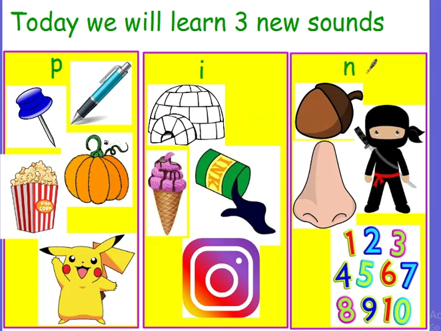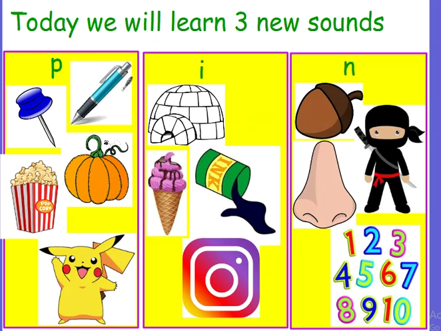Just like our last lesson, we're going to start by saying some words that begin with our sound. That's what we call the initial sound. So the initial sound in all of these words is P. Can you say them? Say them out loud. Here we go.